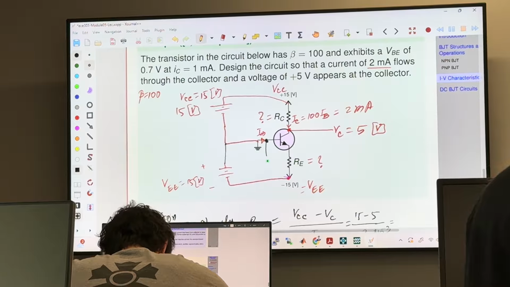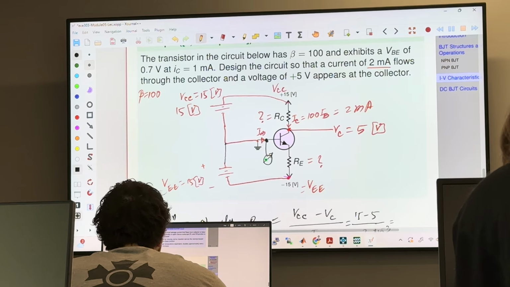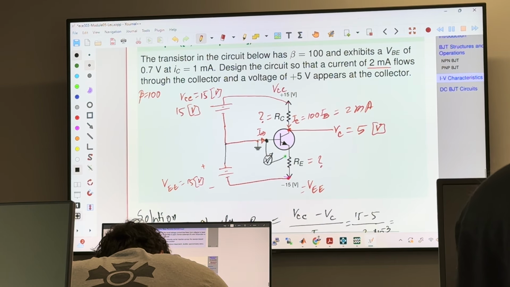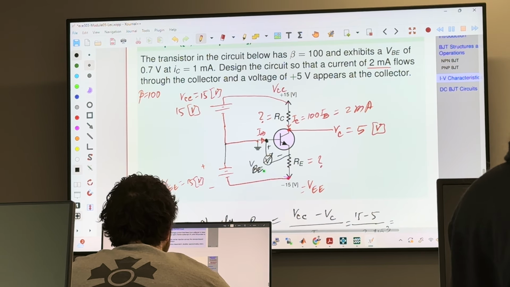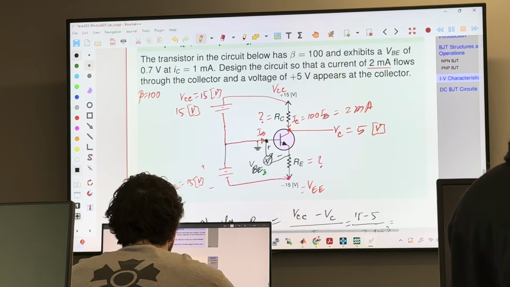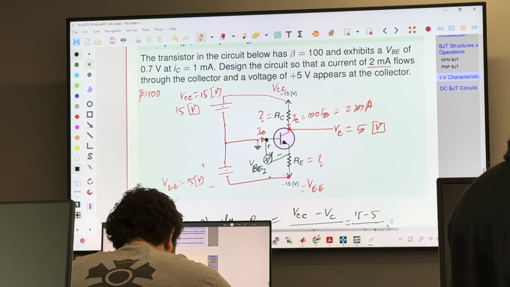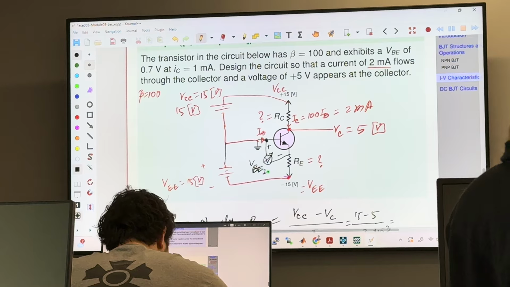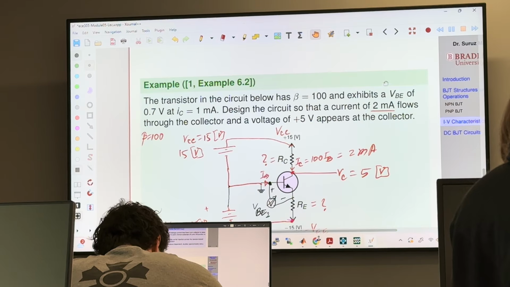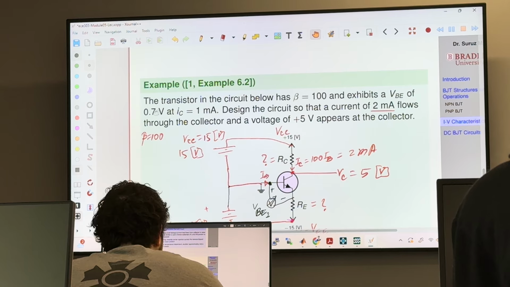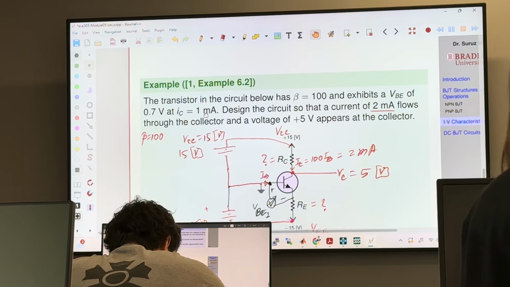So this voltage, this is negative, this is positive, and this is your VBE. Let's call this VBE2, that we do not know. But what we do know is that VBE is 0.7 at IC equals 1 milliampere.